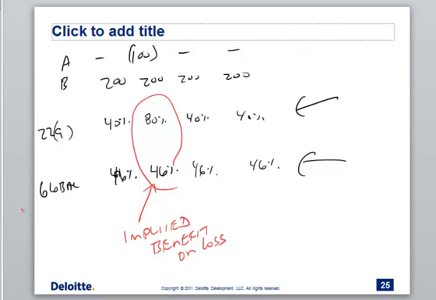Because if my rate was 46% for Q2, in effect, I'm benefiting the loss on the $100 by 46%. And they're like, oh, we don't want that. We don't want you showing the reader that you got a benefit for that loss. We always want you telling the reader that you didn't get a benefit on that loss.